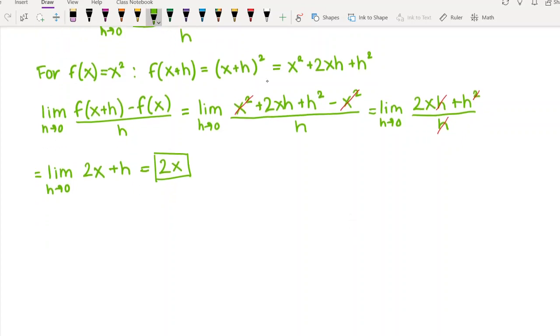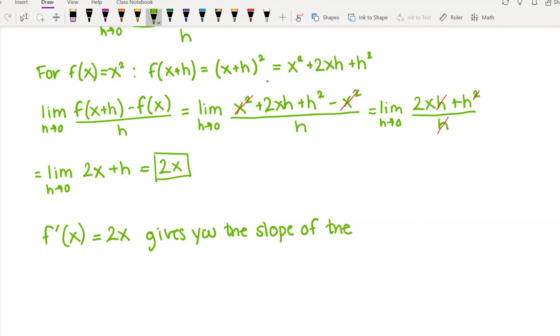So now we know that our derivative function, so f prime of x is equal to 2x. And this gives you the slope of the line tangent to your original function f of x at any x value.